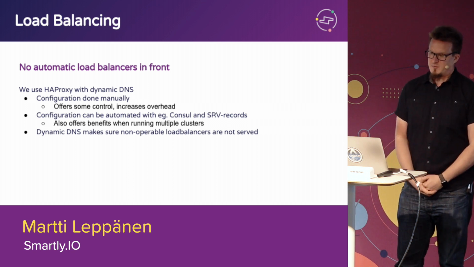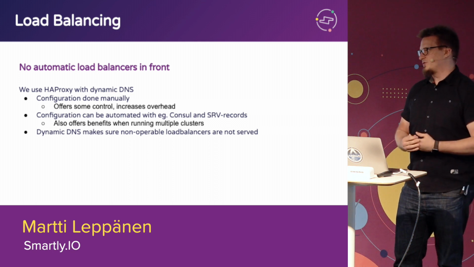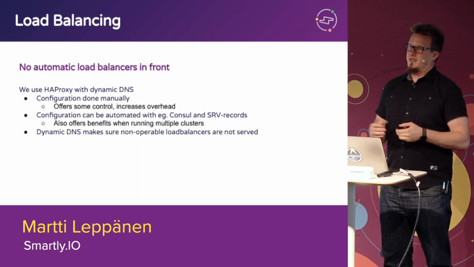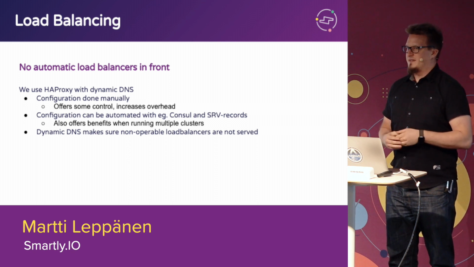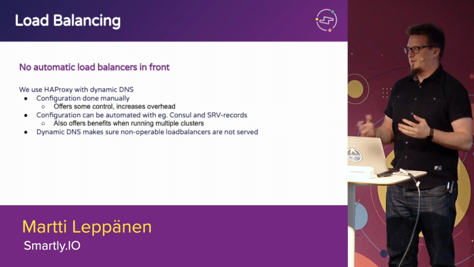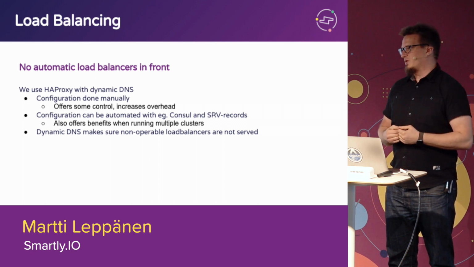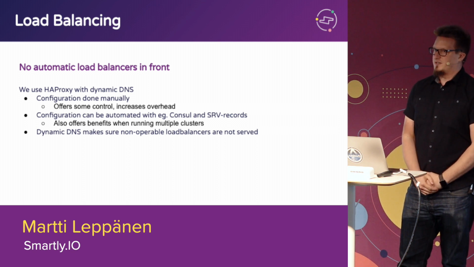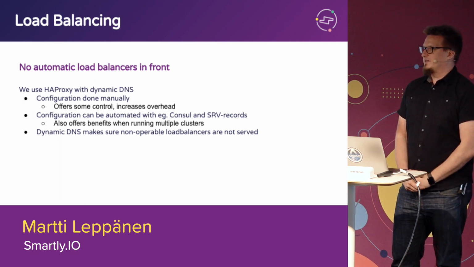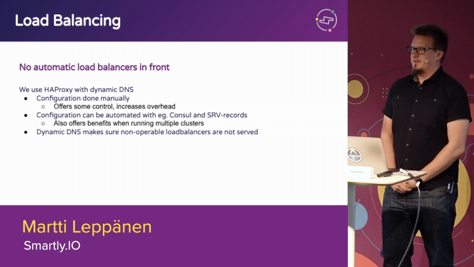Some of it can be automated. We're not quite there yet, but for example, with Consul and SRV records, you can automate this HAProxy configuration in a way that developers themselves can have more control on where actually the service exists and what URL is listening to, and then you can have a more dynamic environment.